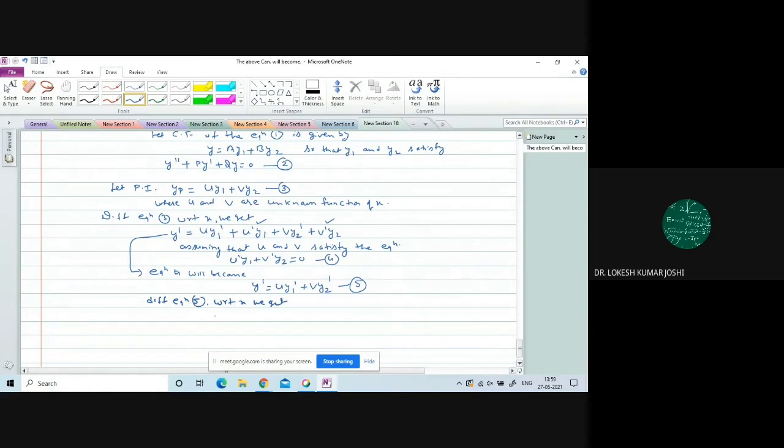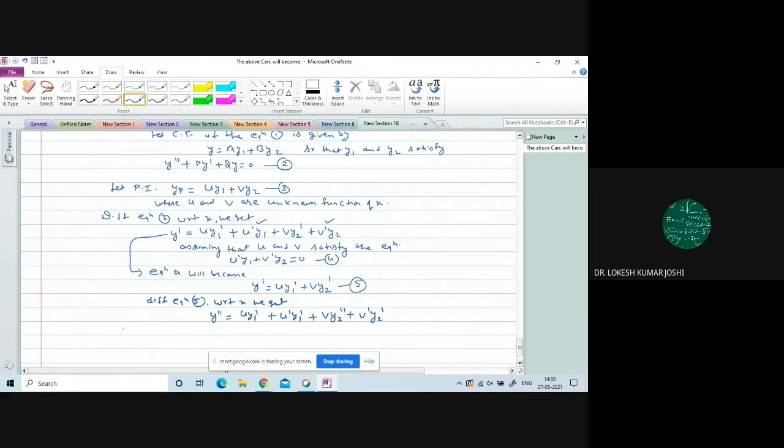We get, on left hand side, y double dash, which is equals to u y1 double dash plus u dash y1 dash plus v y2 double dash plus v dash y2 dash. Now we have y double dash, we have y dash. We substitute the value of y dash and y double dash.